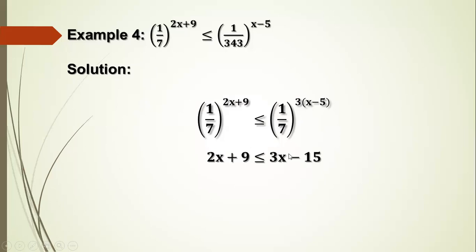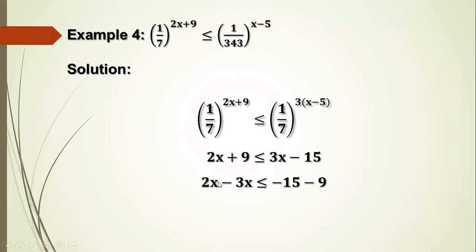So we have 2x plus 9 is less than or equal to 3x minus 15. By applying the addition property of equality, or just transposing terms to the other side, 3x moves to the left and becomes negative 3x, and 9 moves to the right and becomes negative 9.